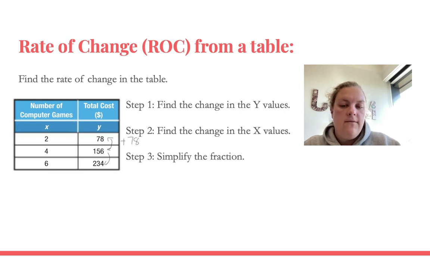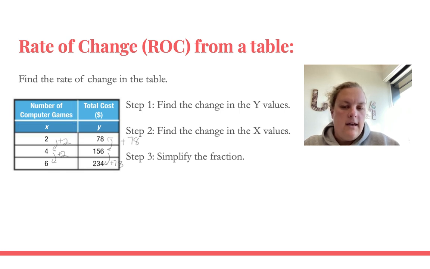To go from 156 to 234, you can bet they're going to add 78 again. So once we figure out the difference to go from here to here, I'm also going to do that for my x values. I have a 2 to a 4. That's easy. That's plus 2. And the same thing happens when I go from 4 to 6, plus 2.